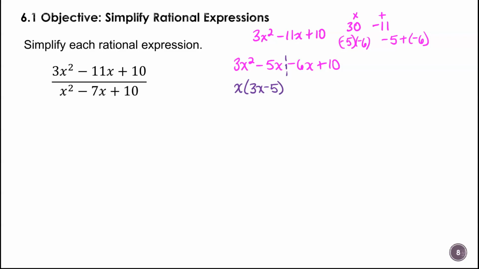The common factor here has to be a negative because I have a negative here, right? So that's going to be negative 2, and that leaves me 3x minus 5. So here's factored form: 3x minus 5 times x minus 2. And I can go ahead and write that in my numerator then.